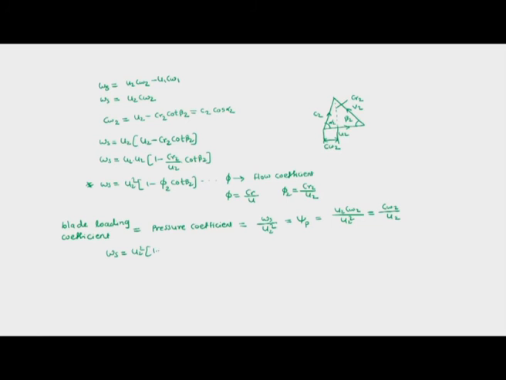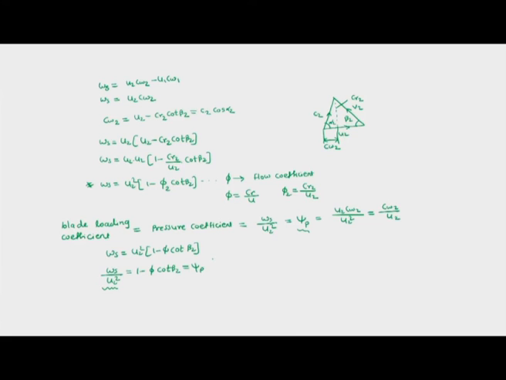In this case if we write down this expression, then we have Ws is equal to U2 square into 1 minus phi cot beta 2, then we have Ws upon U2 square is equal to 1 minus phi cot beta 2, but this is equal to psi p.